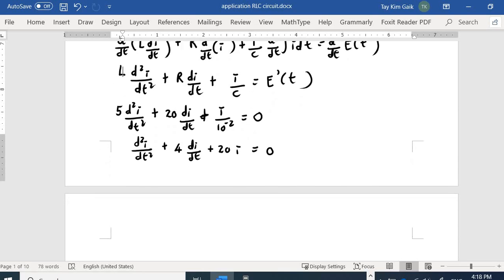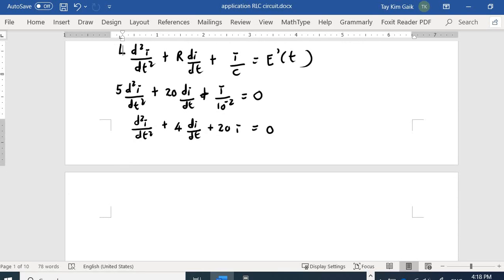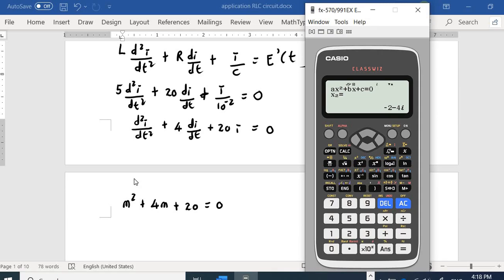Then to solve the second order homogeneous equation, you may let the second derivative be m squared, the first derivative be m, and I is actually m to the power 0, or 1. Then you may find the roots easily. If you can factor, you may factor. Otherwise, you use the quadratic formula, or you may use a scientific calculator.